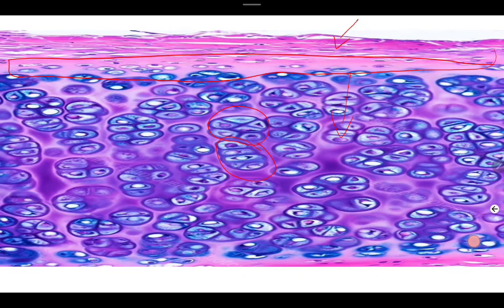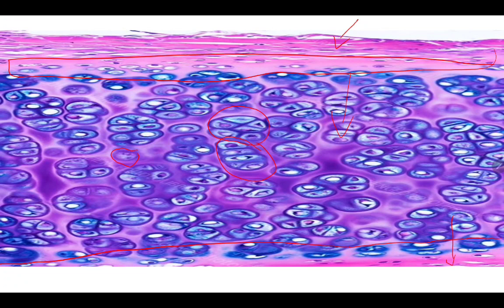Itong sa baba, meron tayong nakikitang another chondrogenic layer as well as another perichondrium. So, please understand na kapag ready na sila na maghiwalay, they will really occupy their own lacuna. So, remember, lacuna is the cavity to which the chondrocyte will be held in place.